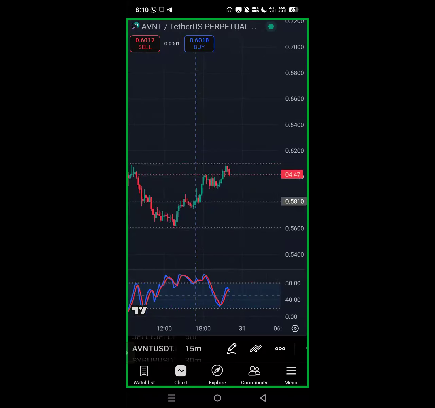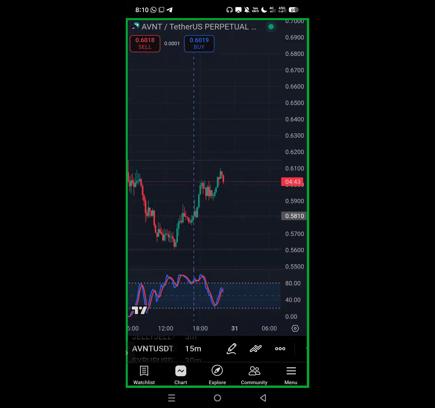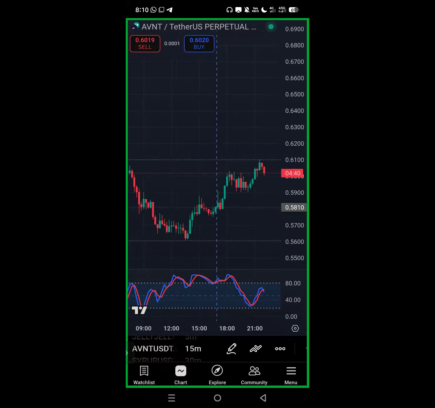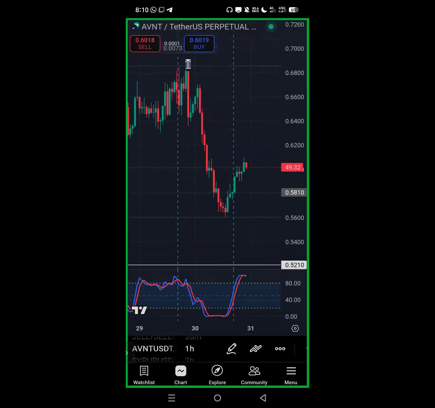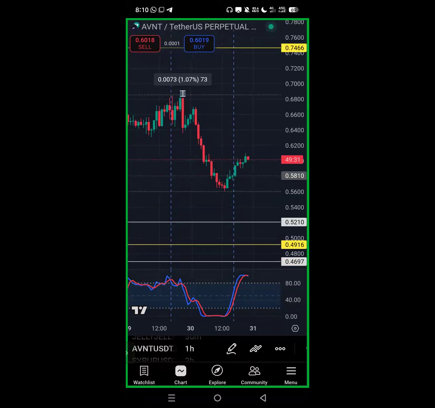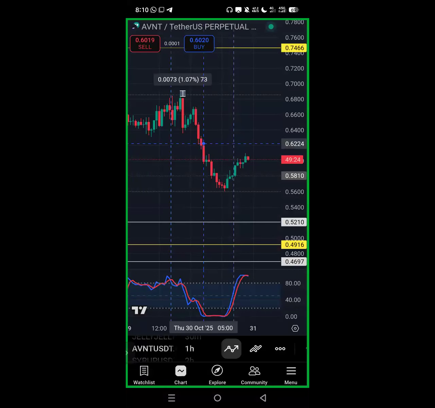And this seems to be an uptrend. That is 15 minutes. Let me first go to the 1 hour. The 1 hour, this is a movement after a long market price dump, right?